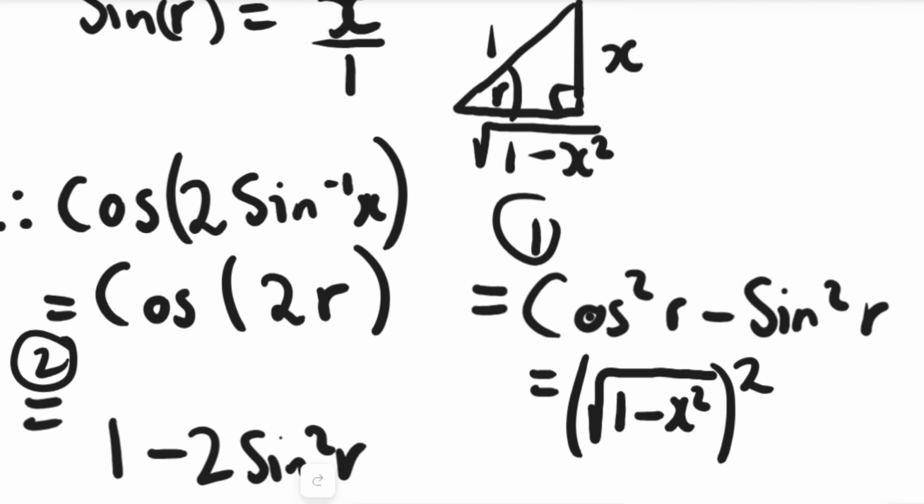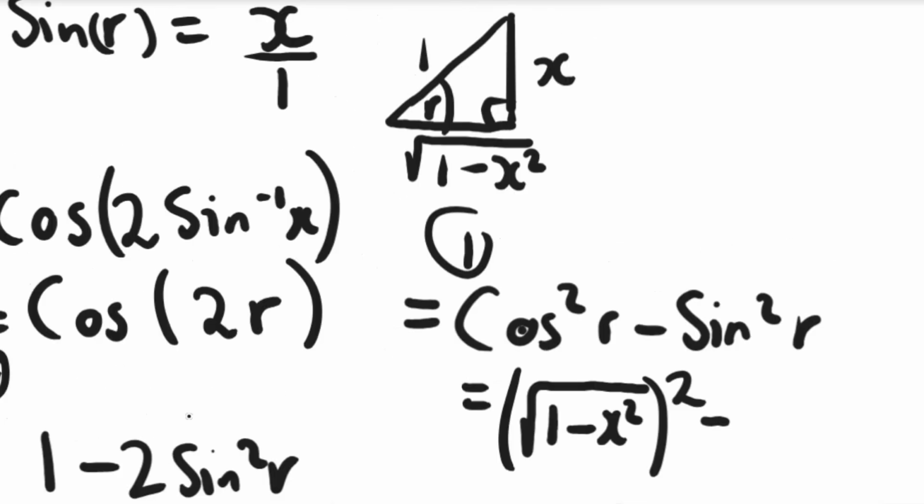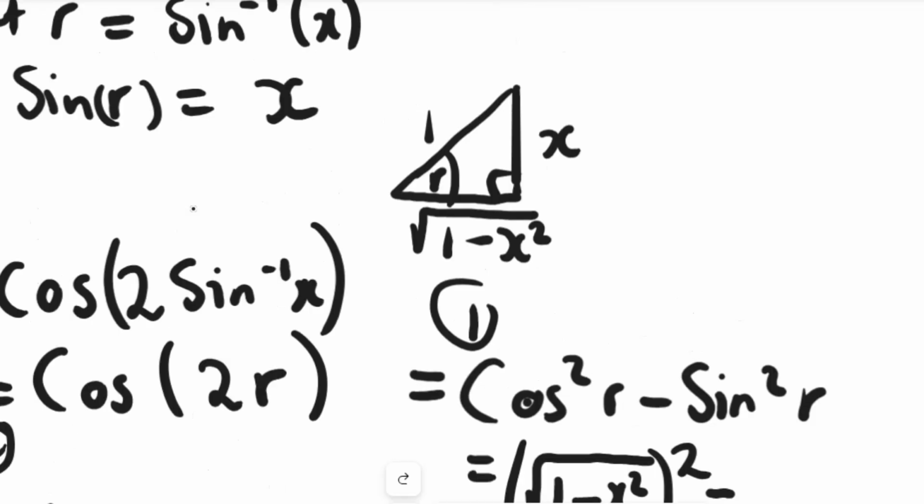Even if I don't write it, it doesn't matter. So this is just that, and then we're going to write again minus sine squared of r. What is sine squared of r? Do you still remember that sine of r is x? You don't have to go back to the sketch, you still have that value there.